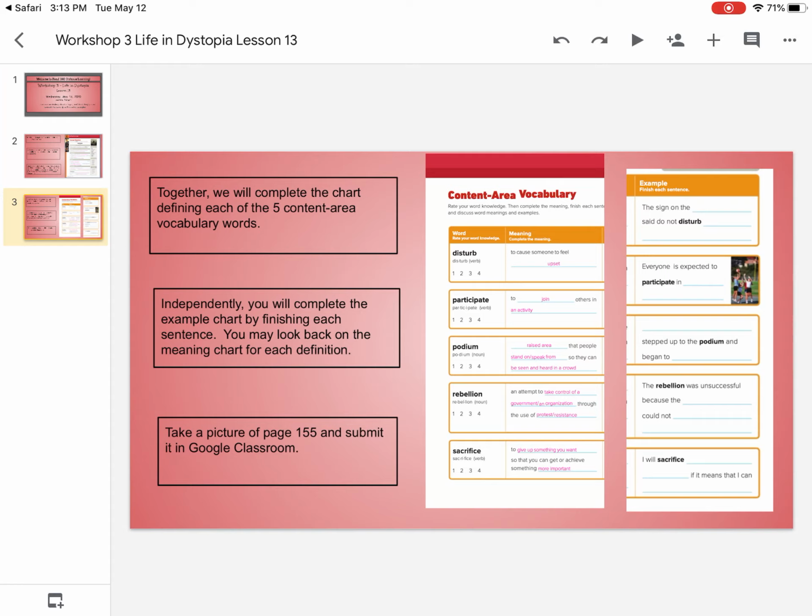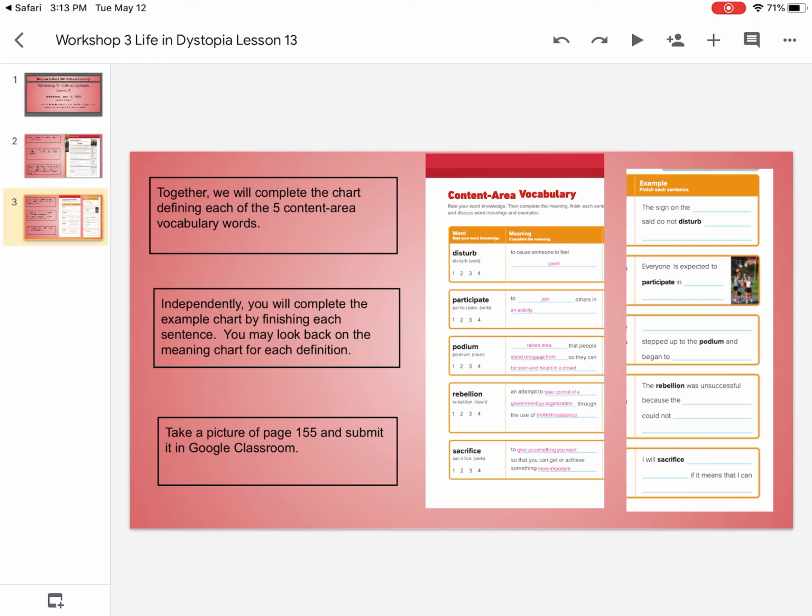So let's go back up to the top, the word disturb. To disturb is to cause someone to feel upset. Your next word is participate, to join others in an activity. So if you're asked to participate, you are joining others in an activity.